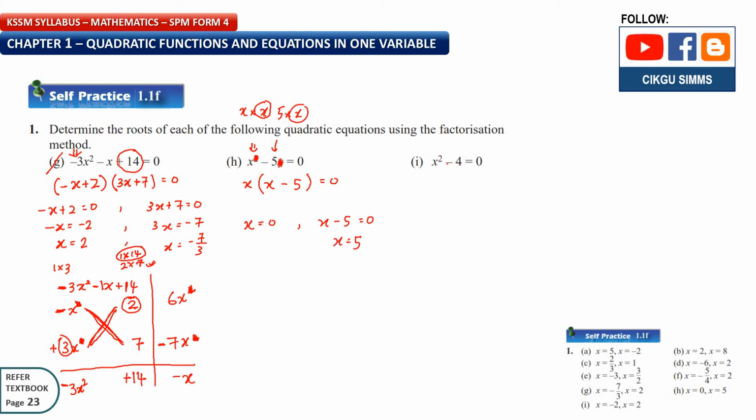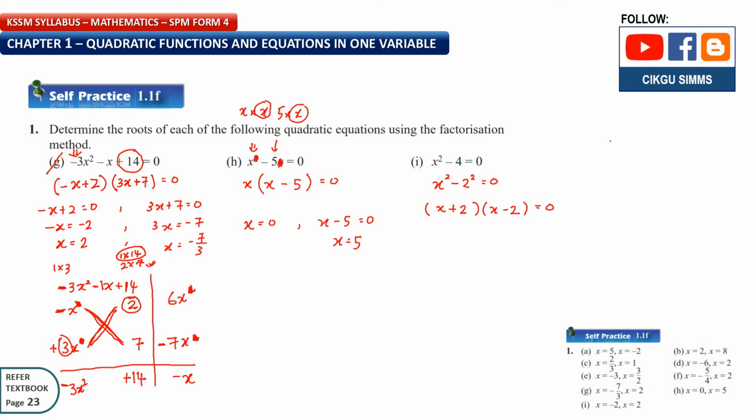Okay, so for the next one, x squared minus 4. You need to factorize. So you can change it to x squared minus 2 squared equals 0. And then the factorization is (x plus 2)(x minus 2).